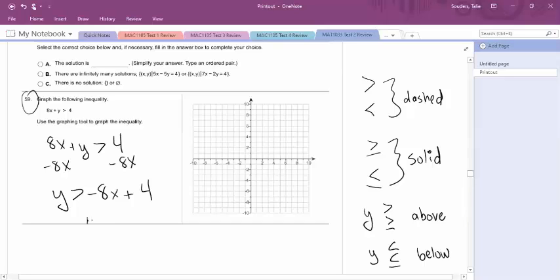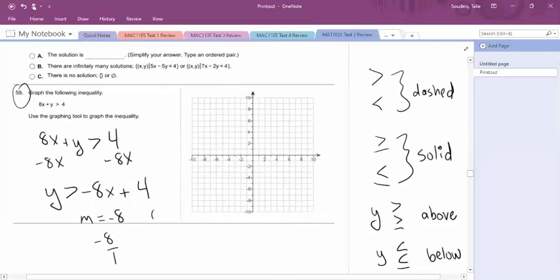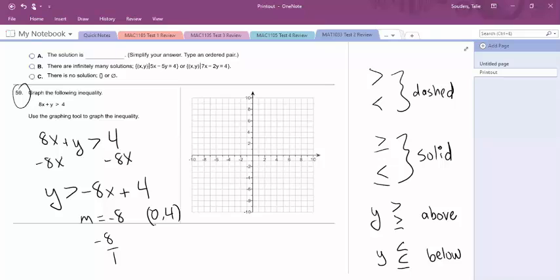Your slope is negative 8, which you can think of as negative 8 over 1, and your y-intercept is (0, 4), right? This is something we've now done several times today, which hopefully just makes it clear that you need to be comfortable with graphing lines, right? Hopefully that's gotten across in today's review.